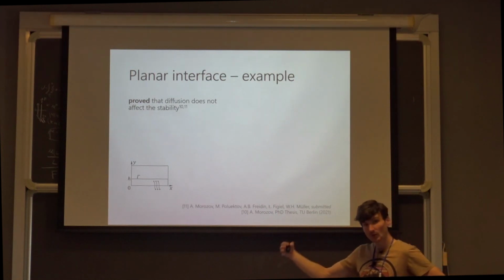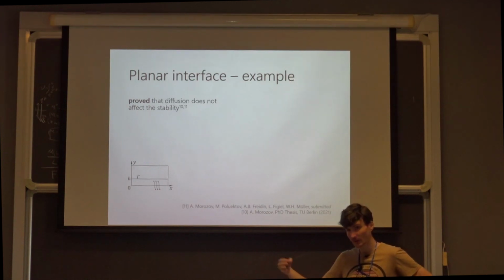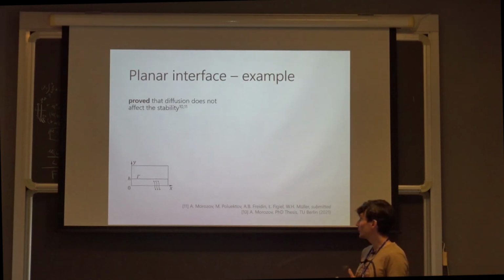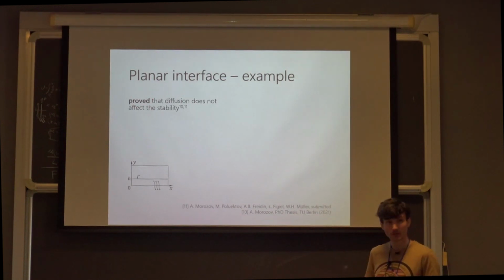So stability is purely defined by what's happening on the mechanical side, in this case the elastic moduli and the mechanical loading. We also looked at the cylindrical geometries. For that we couldn't obtain the mathematical proof, but we have numerical results which also coincide with the finding that diffusion doesn't affect the stability.